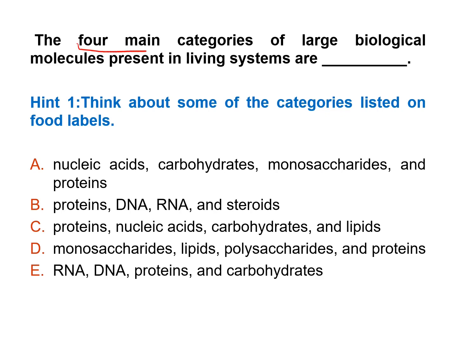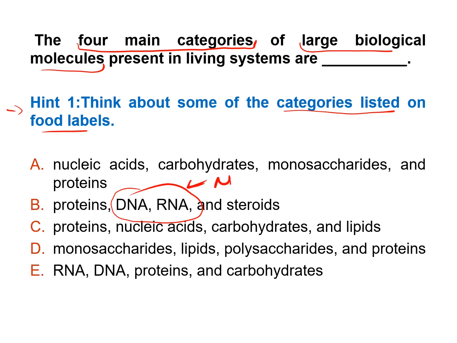Here you have four main categories that form the large biological molecules, and here the hint is think about the categories listed on the food labels. So if you watched the videos, you know, for example, that DNA and RNA form nucleic acids.